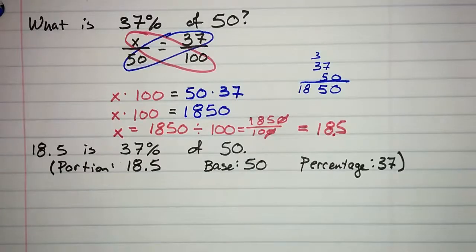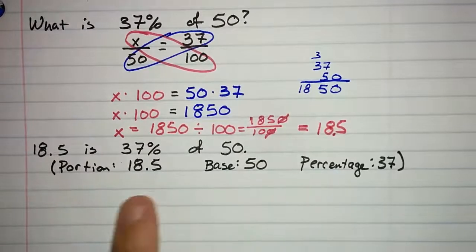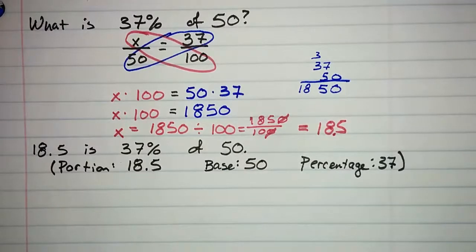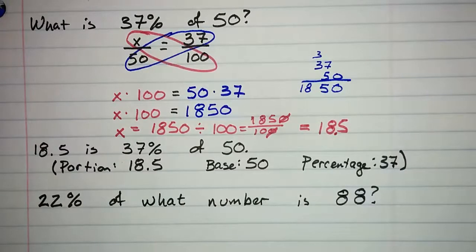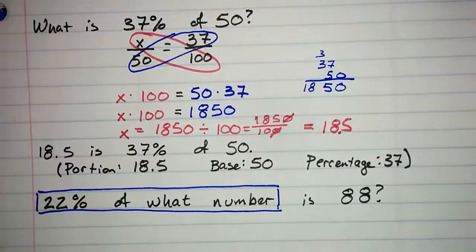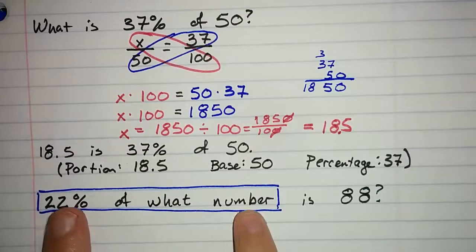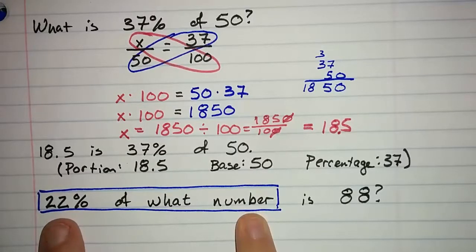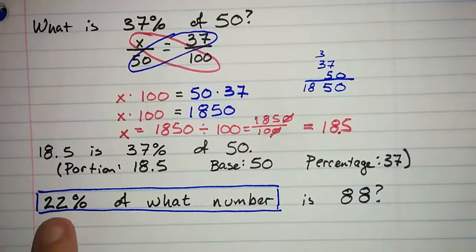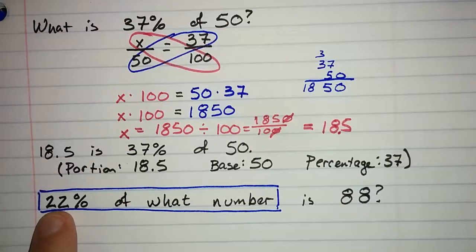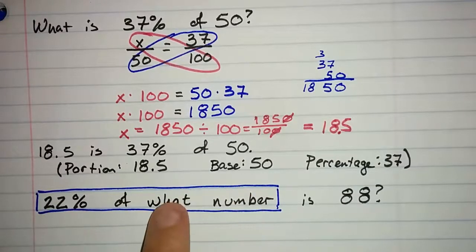Of course, we can ask about any of these quantities, right? Not just the portion. We could say 22% of what number is 88? Right? So here, this phrase describes a quantity. This phrase describes the portion when the percentage is 22 and the number is what?